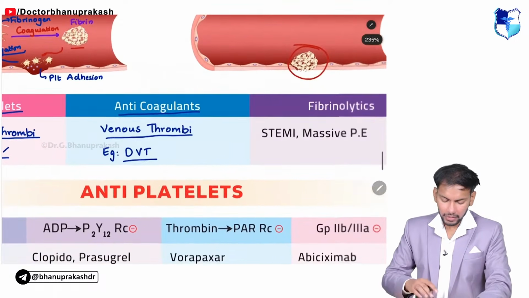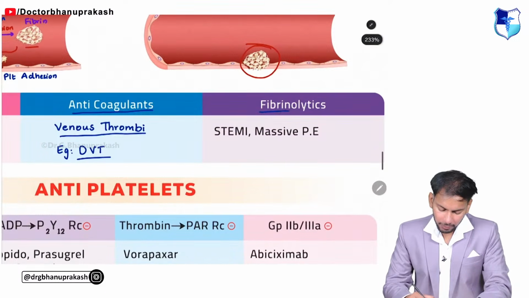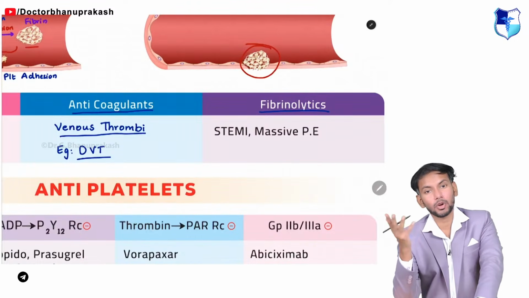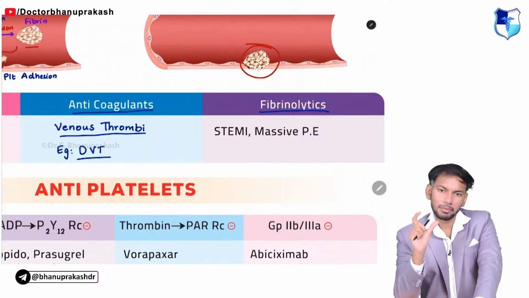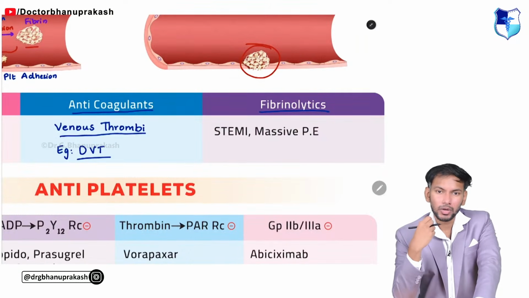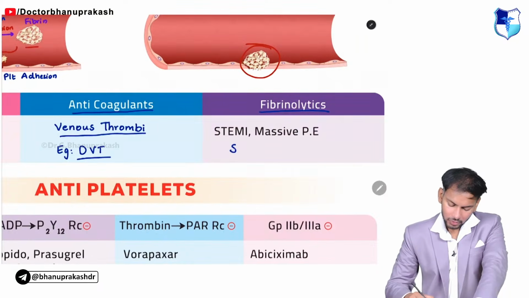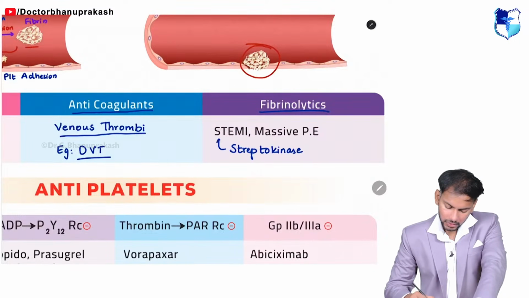Now, we have something called fibrinolytics. Fibrinolytics will break the fibrin after formation. After the fibrin is formed, these fibrinolytics will break this fibrin. Where do we want it? We use it in a condition called STEMI. You must have heard of a drug known as streptokinase. We use it in STEMI.